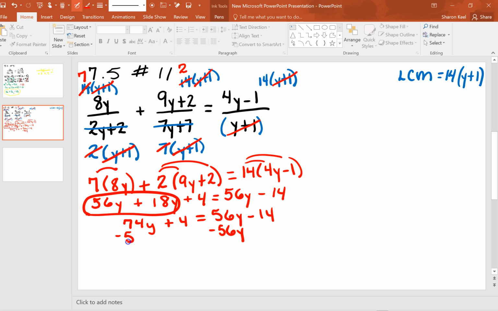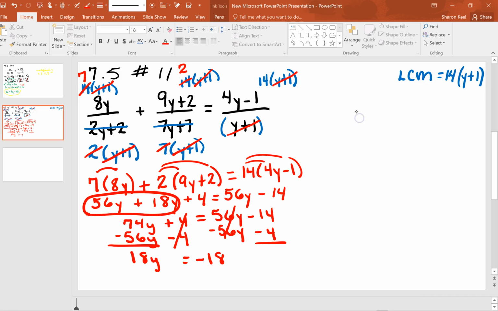So doing the opposite is to subtract. So now I have 74 minus 56. That will give me 18y. Here I have an adding 4, so it would require me to subtract 4 to move it to the other side. And negative 14 minus 4 gives me negative 18.